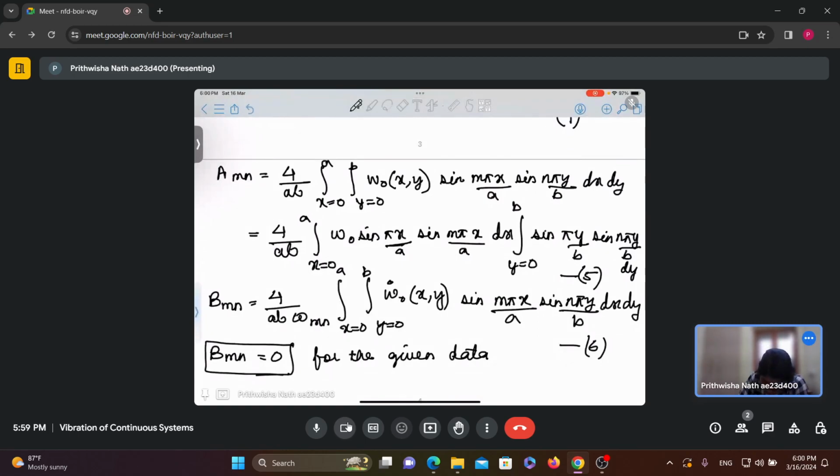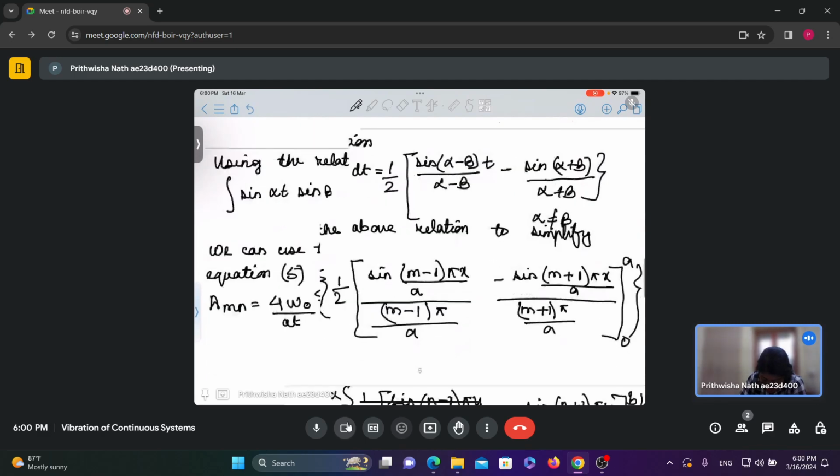So this becomes 4 W naught by AB integral of sine square pi x by A dx. Similarly for the y integration, sine square pi y by B dy is left.